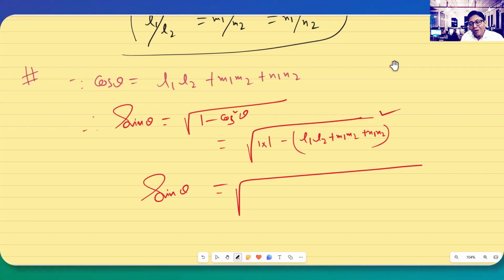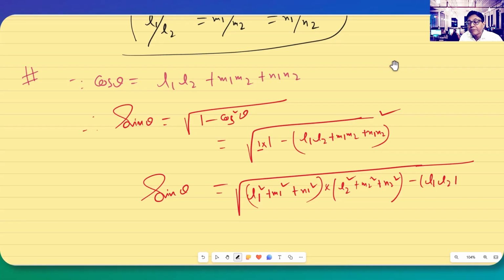Because 1 into 1, 1 only. But this 1 can be written as L1 square, M1 square, N1 square into L2 square, M2 square, N2 square. This minus L1 L2, M1 M2, N1 N2 whole square.